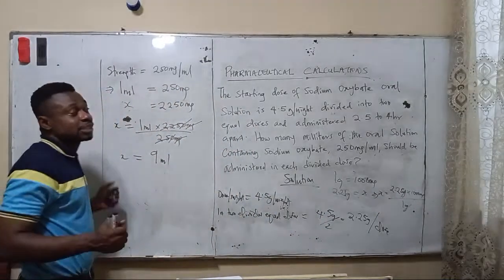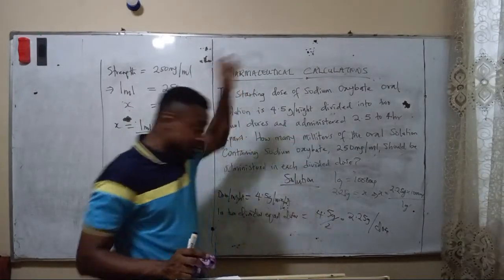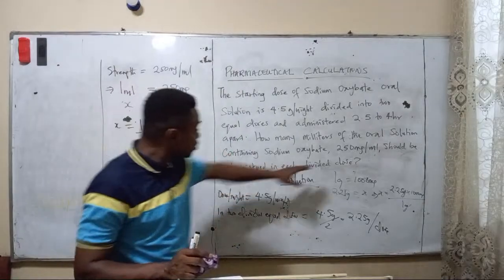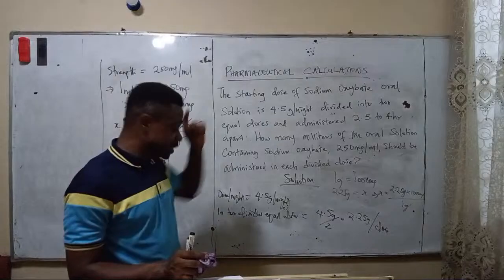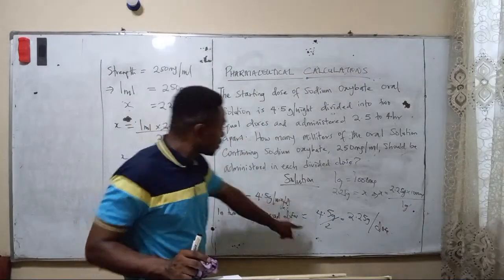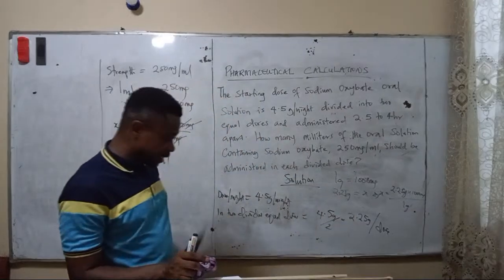So if the patient will simply take 9 ml from that solution that contains 250 milligram per ml, that will deliver 2.25 gram as a dose.